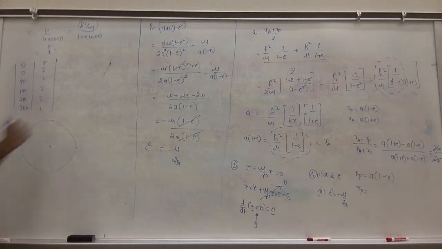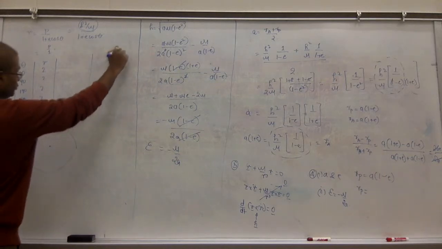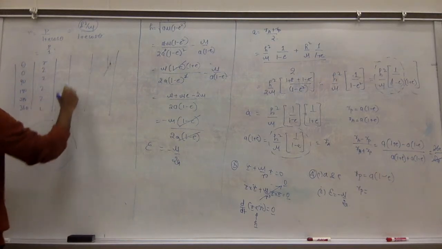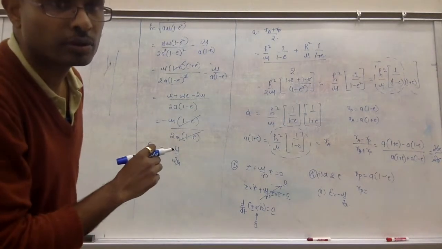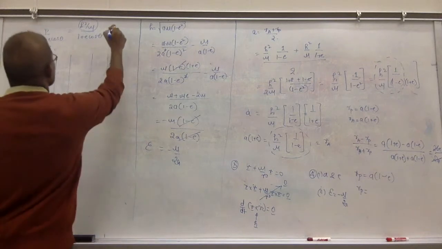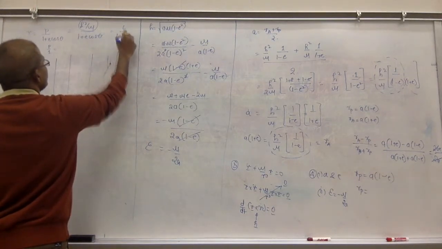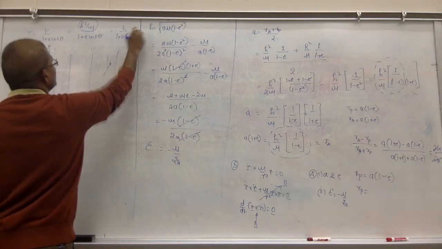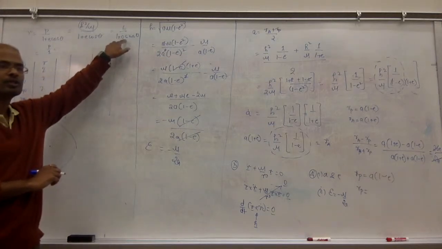And I do the same thing for the other one. What was the other one? E was 0.6. R equal to 6 divided by 1 plus 0.6 cosine theta. So what does this 0.6 mean?